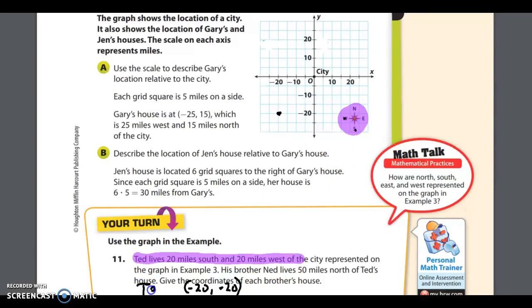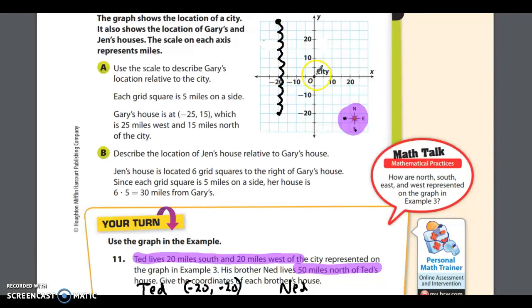That's for Ted. Now what about Ned? Where does Ned live? Ned lives 50 miles north of Ted's house, and it doesn't say anything about going east or west. It just says north. So how do I get 50 miles north? Well, I got to go 10 spaces. I can count 5, 10, 15, 20, 25, 30, 35, 40, 45, 50. Ned lives right there.